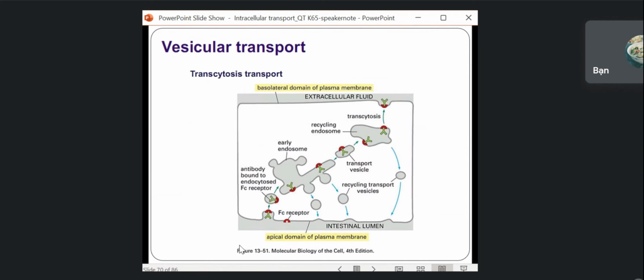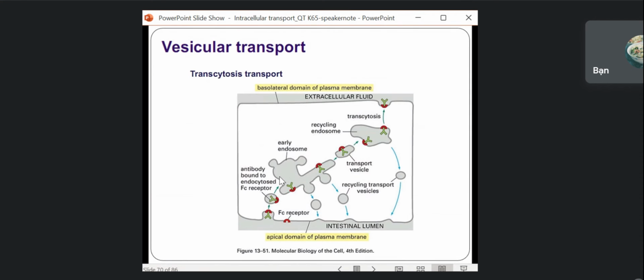In this case, in the apical domain of the plasma membrane, if there is some antibody, it can bind through the Fc domain to the Fc receptor on the cell membrane and trigger the formation of a vesicle to come and fuse with the endosome.